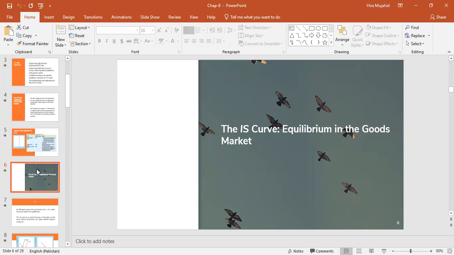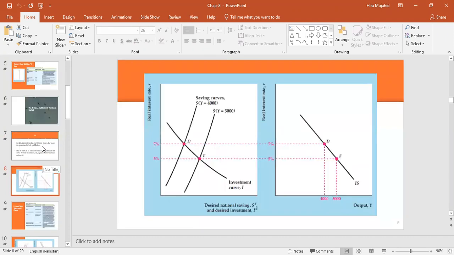The IS curve shows the relationship between the real interest rate and the goods market. In the diagram, the real interest rate is on the vertical axis and real output on the horizontal axis.